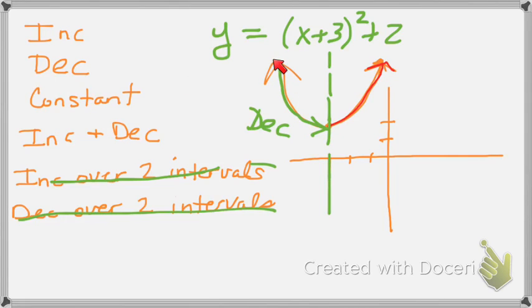Because remember, this goes forever up and to the left, right? Forever up and to the left. So from negative infinity to this line right here, you're going to be going downhill. Where's that line at? -3. It's at -3 on the x-axis. So from negative infinity all the way to -3, you are going downhill. You are decreasing. Does that make sense?